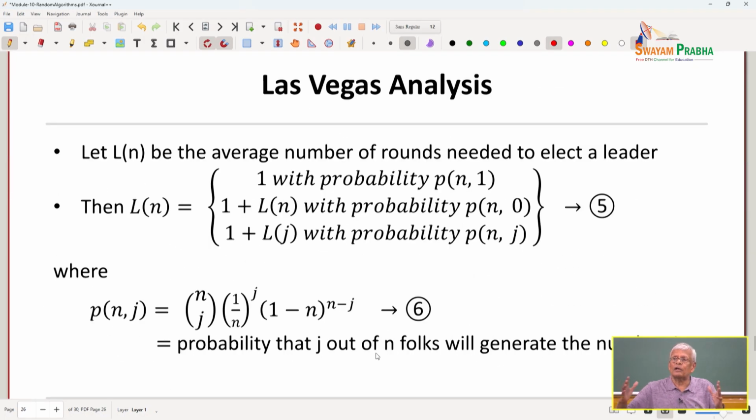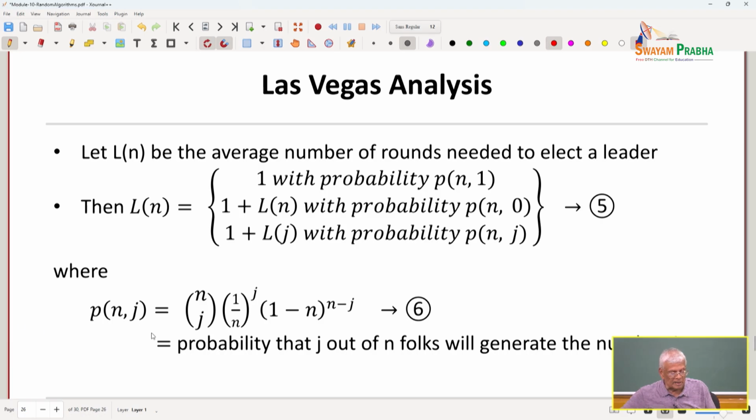So I'm going to do a little bit of mathematics to compute the average number of rounds needed to elect a leader. Let Ln be the average number of rounds needed to elect a leader in a city with a population of n. This Ln is a random variable. It can take the value 1 with a probability p n1. What is p n1? Out of the n people, only one person got the 1.